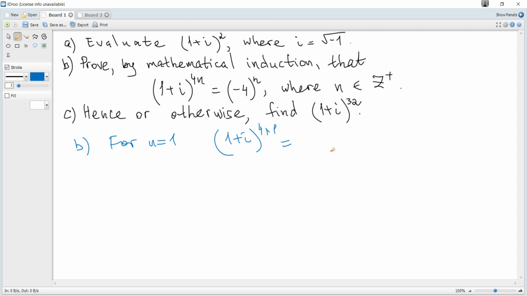So we can rewrite it as ((1 + i)²)², and using the previous result, it becomes (2i)². So it's 4i², which is -4.